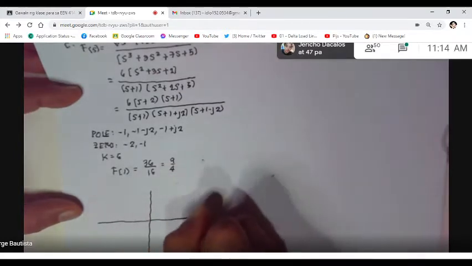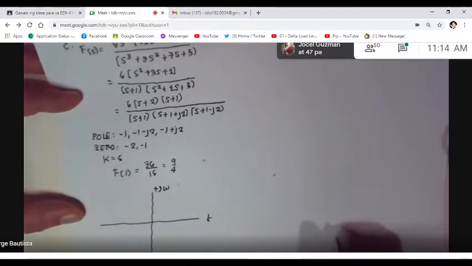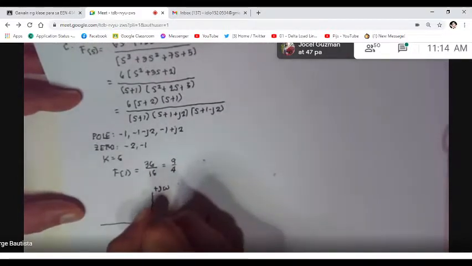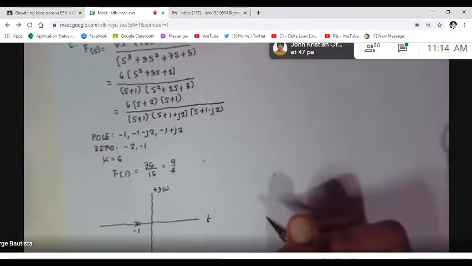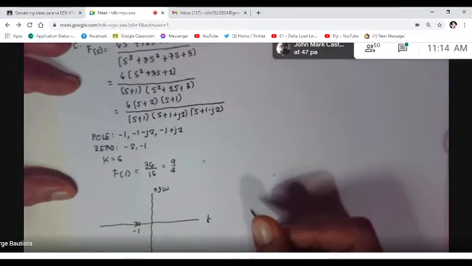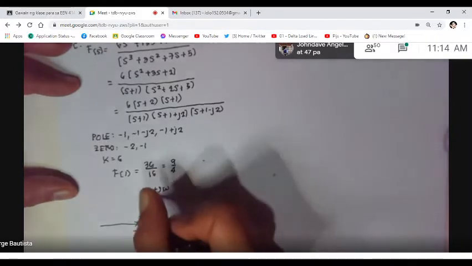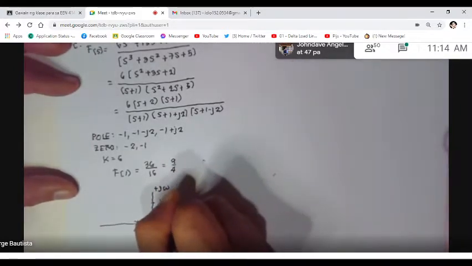Okay, plot natin. Yan. Okay, negative. So, positive j omega. Okay, ang pole natin ay negative 1. So, ito yung negative 1. Okay, lagyan mo na x. Negative 1 minus j2. And ito yung negative 1 natin. So, ito yung positive j2.